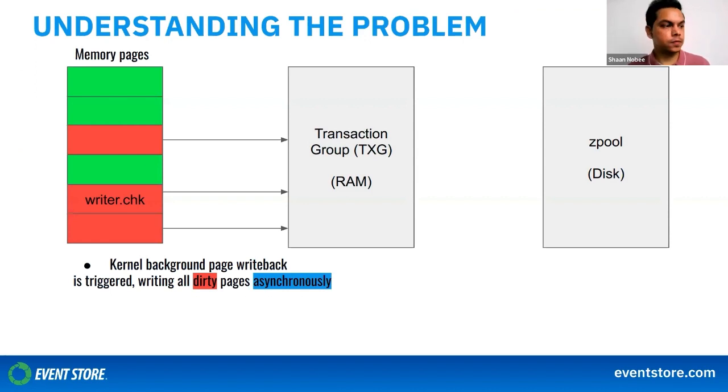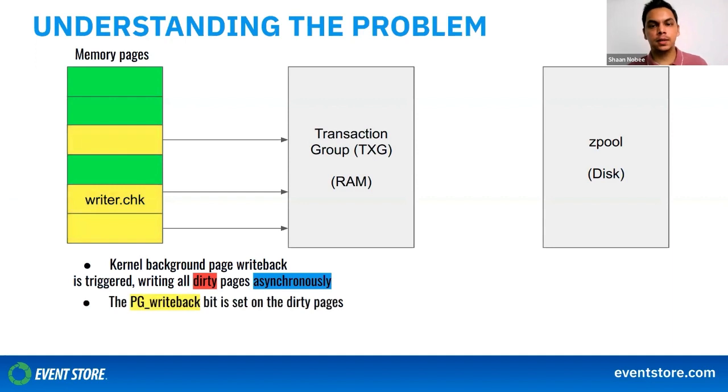Pages have several flags, and one of them is PG_writeback, which indicates that a page is currently being written back to disk. So the PG_writeback bit, marked in yellow, is set on these dirty pages, but the flag will be cleared only after 5 seconds, after the data has been written to disk. Now in parallel, EventStoreDB does not know about all of this, and it's just trying to do an msync of the writer checkpoint file as usual.